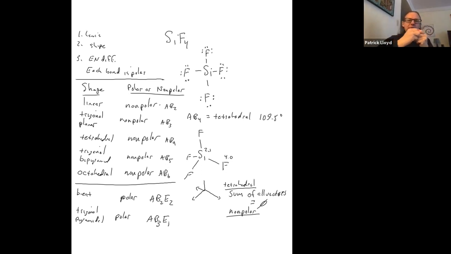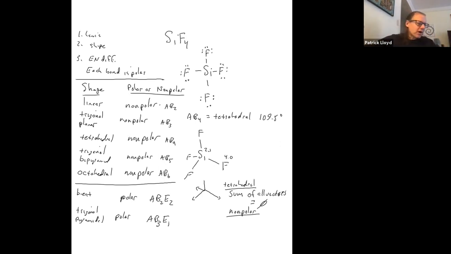If they were linear, they would. So linear is nonpolar because they're opposite directions. But if they're not opposite directions, they don't cancel. In fact, if they're in this arrangement, they actually become additive.